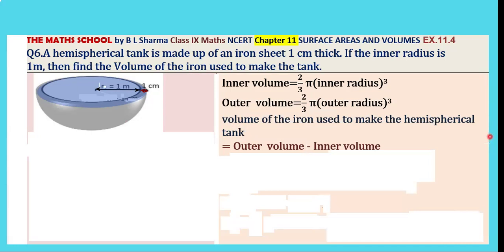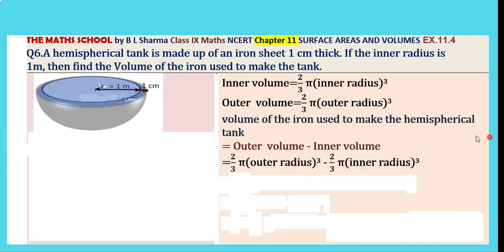For outer volume, we need outer radius. For inner volume, we need inner radius. So that is 2 upon 3 pi outer radius power 3 minus 2 upon 3 pi inner radius power 3. Now how to calculate? We can take 2 upon 3 pi common. So that is outer radius whole cube minus inner radius whole cube.